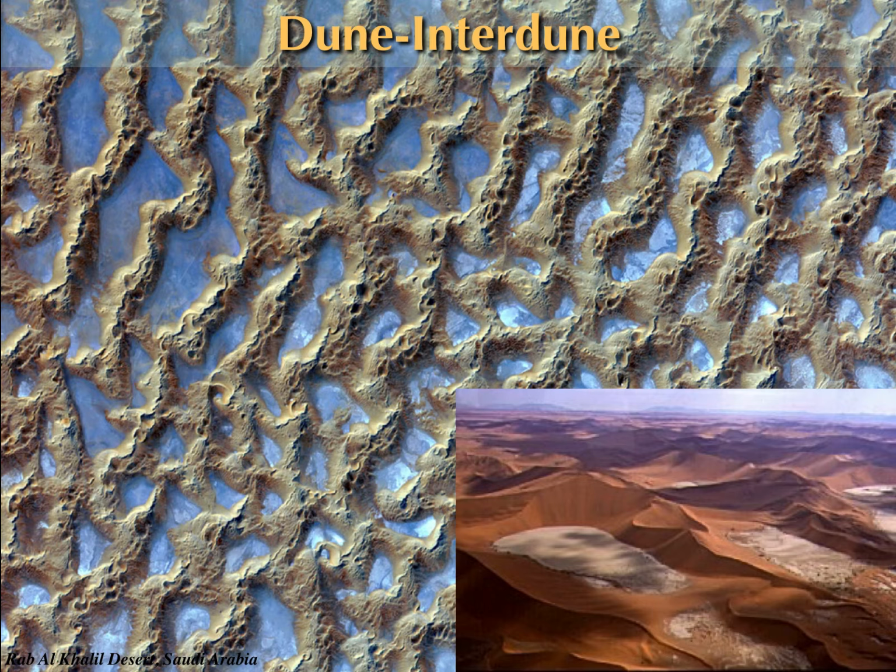In environments with a relatively sparse supply of sand, areas between the dunes may be filled with either sand flats or something other than sand. So here the interdune areas between sand dunes are filled with saline lake deposits that dry up to form thin layers of evaporites or dry up to form mud cracks.